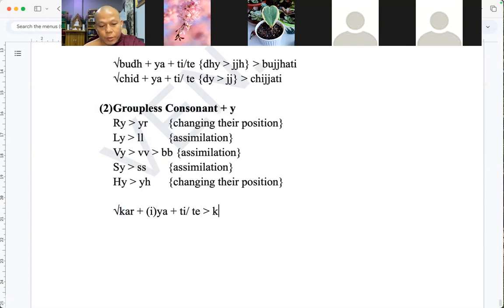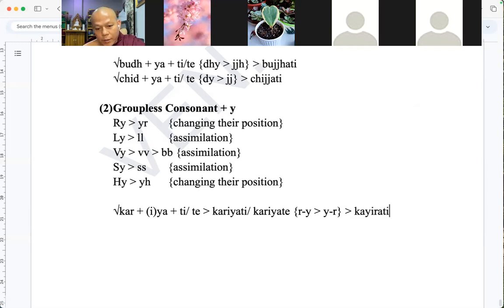Actually it should be gariyati, but ra and ya change their position as yara. That is fine.